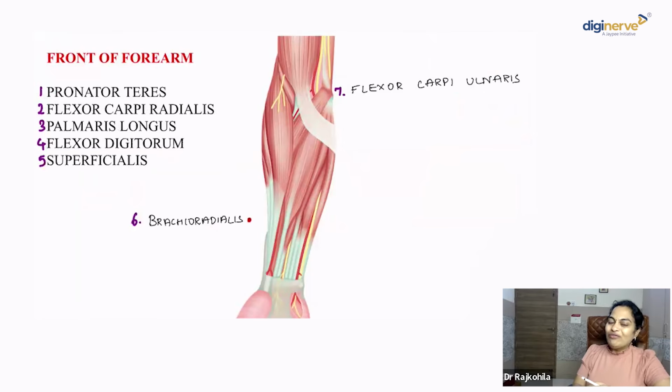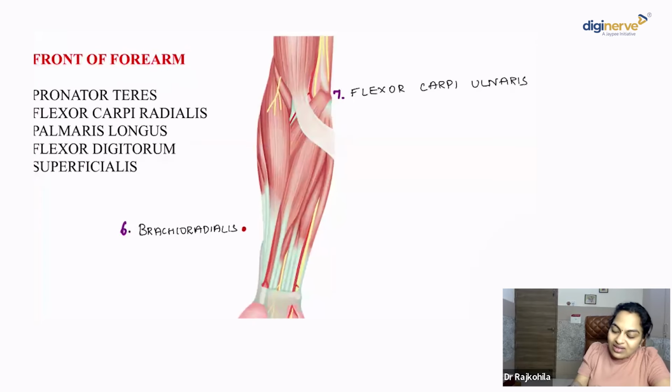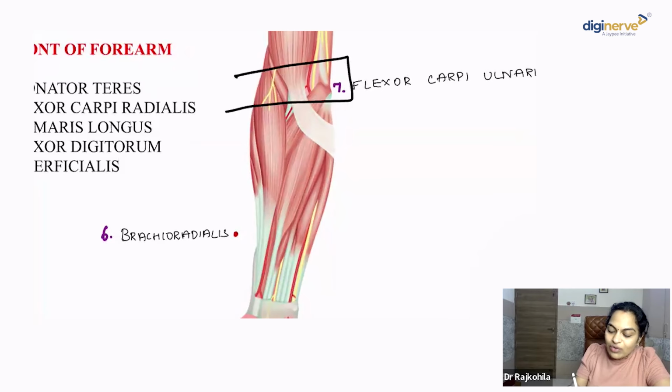Now moving on to the forearm. Again, we are going to learn the muscles in the front of the forearm and the muscles over the back of the forearm. Let us orient to this image, which is medial and which is lateral. The cubital fossa will give you an idea.